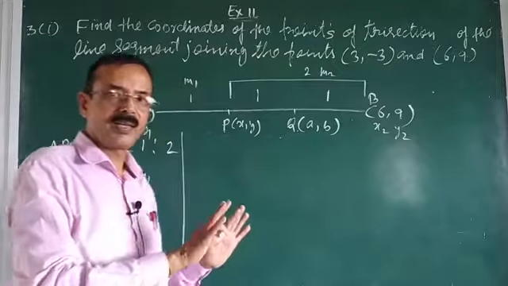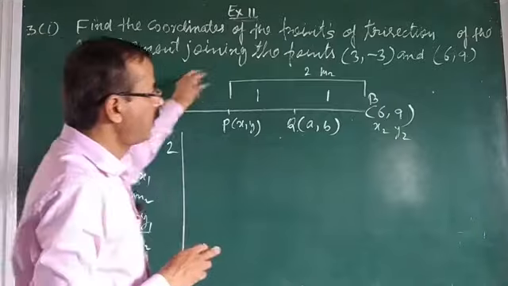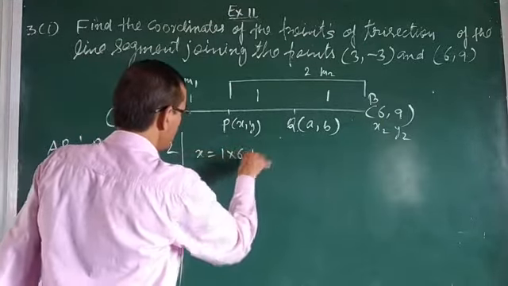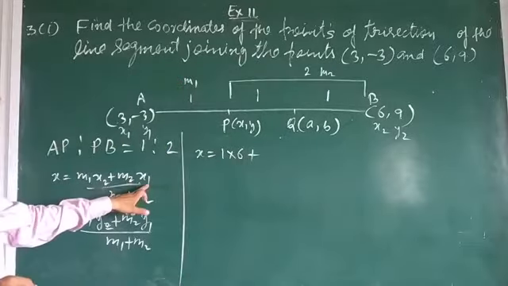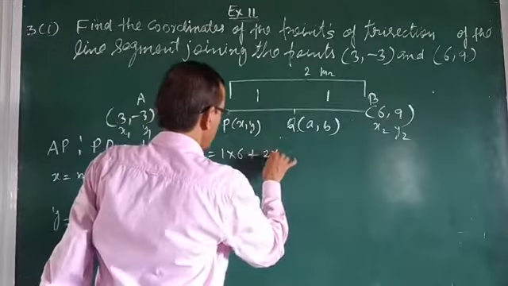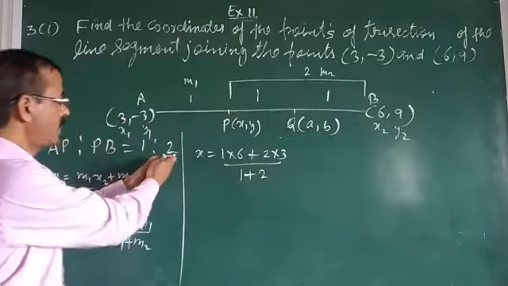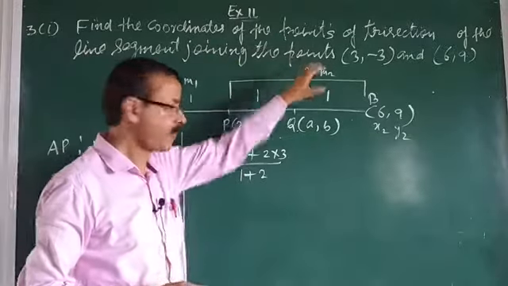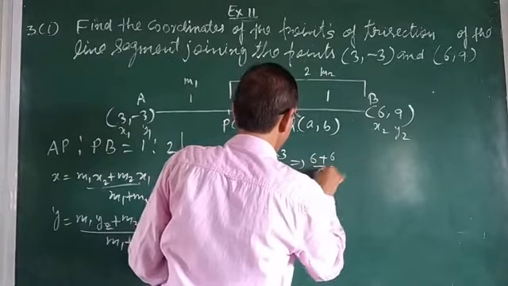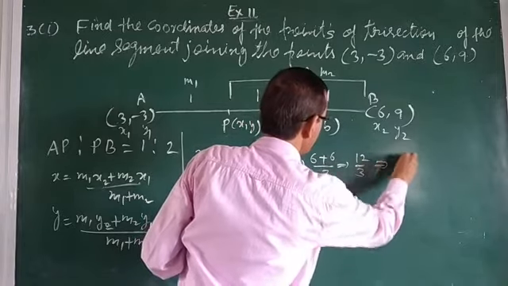If it is clear, no need to write it. m1 x2 is 1 into 6, plus m2 x1 is 2 into 3, whole upon 1 plus 2, m1 plus m2. That is 6 plus 6 upon 3, which is 12 upon 3, equal to 4.